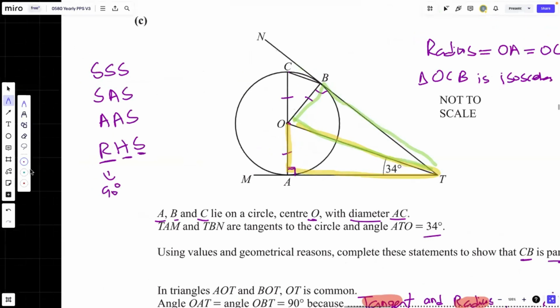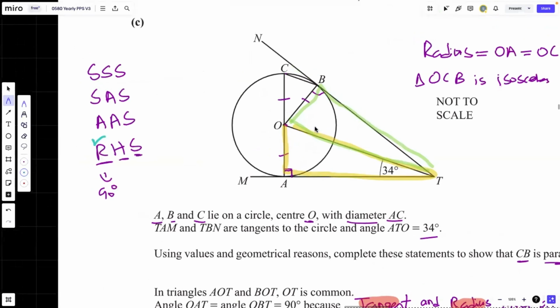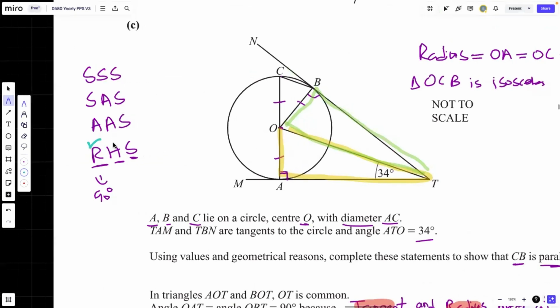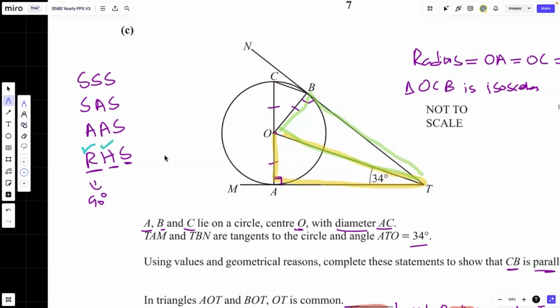It's a right angle, so that's 90 degrees satisfied. The hypotenuse should be the same, and you see the hypotenuse is actually the same, so that second condition is satisfied. OT is the hypotenuse, so that's the same. And you need any one other side to be the same, and we do have OB and OA, because they are radii, they're also the same.